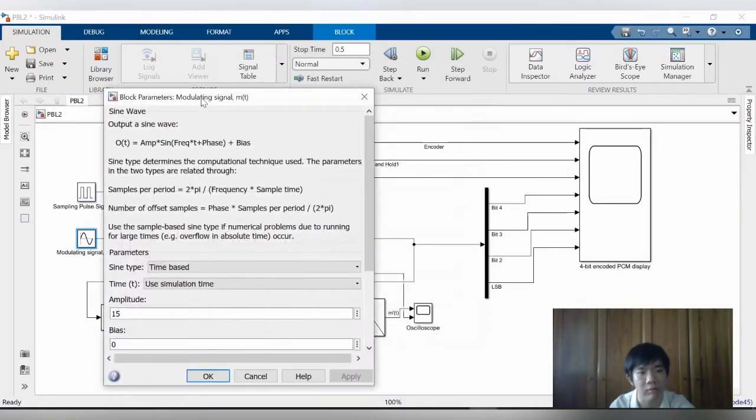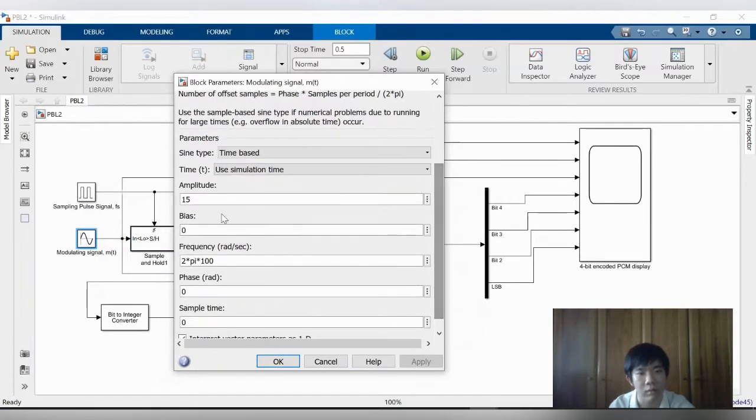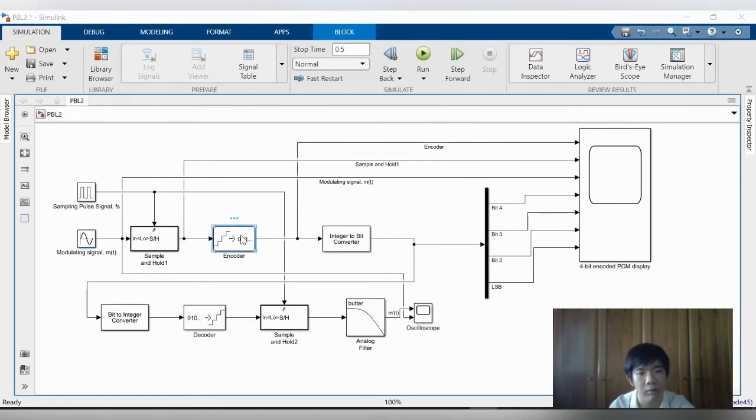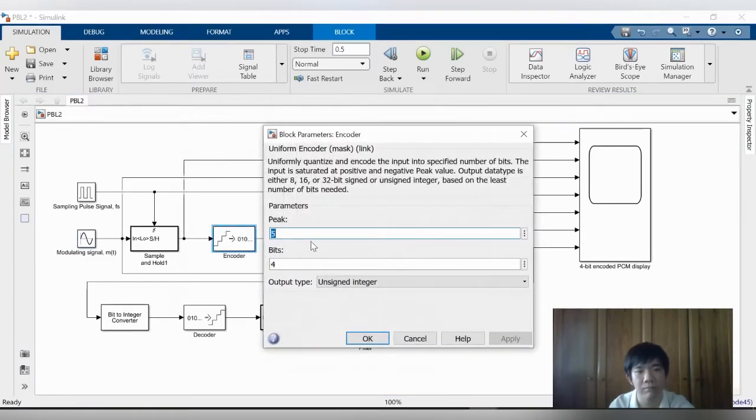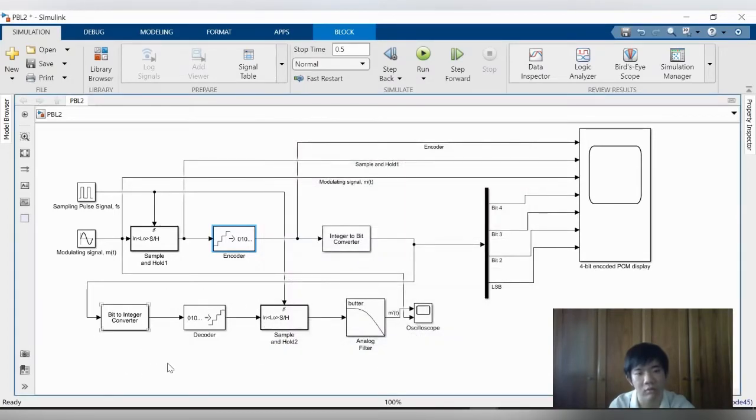And for the M(t), the amplitude is 15 volt. Previously the peak was set to 5 for both the encoder and the decoder.